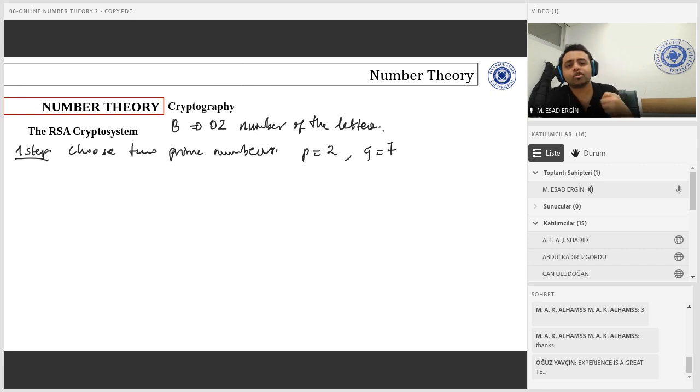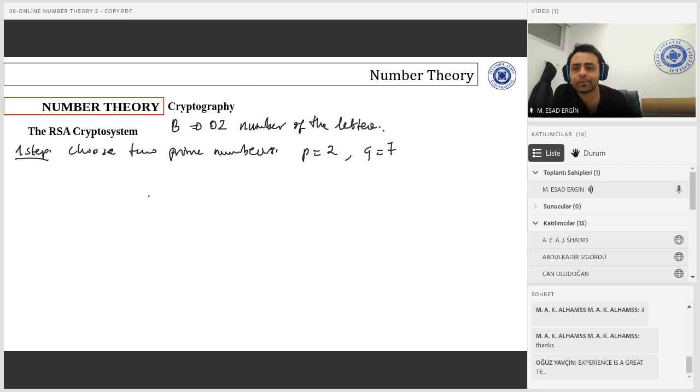You can change it if you wish, it doesn't matter. But in the end, you have to follow the same steps, and you have to control your solution by encryption and also decryption too. It has to work for both sides. Okay, for the first step, I choose my prime numbers.